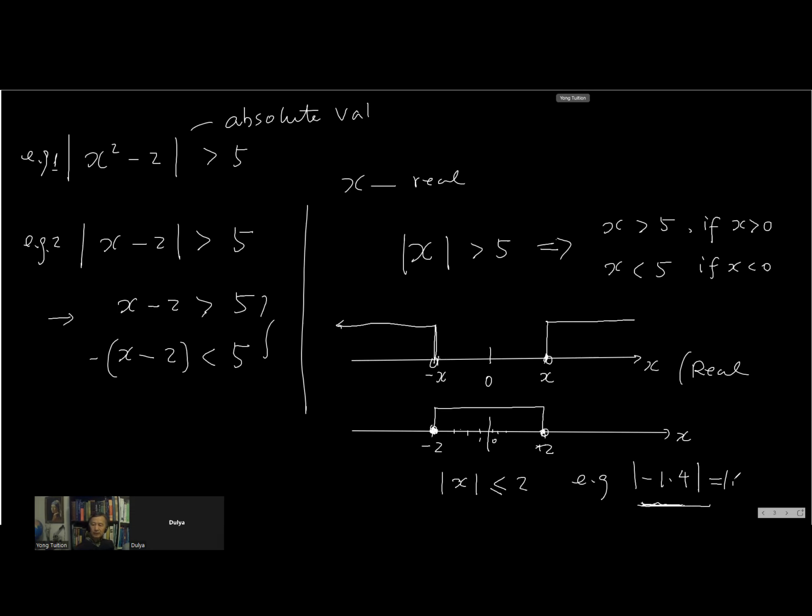Yes, that's positive. So it is always positive. But when you're dealing with this one, you have to learn how to rewrite it, how to remove the absolute sign. At the beginning, I thought you were asking me this question.